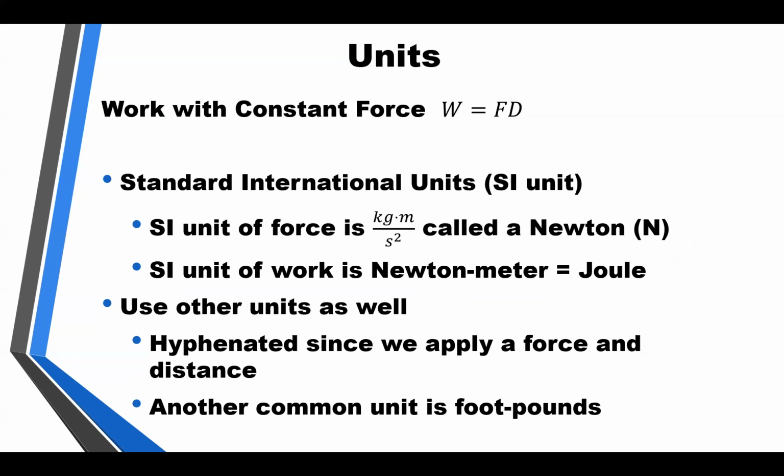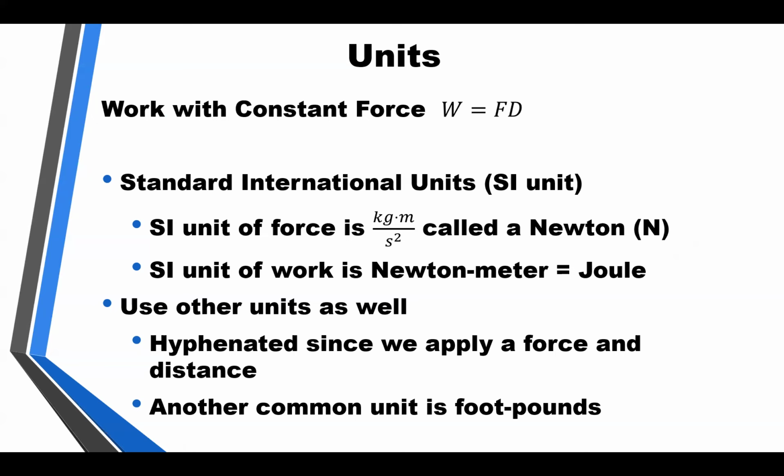I misspoke. So the Newton meter is a unit of work. The Newton is a unit of force. There are other units for work as well, and most of these are hyphenated because it's a force hyphenated with a distance. It's like force times distance.